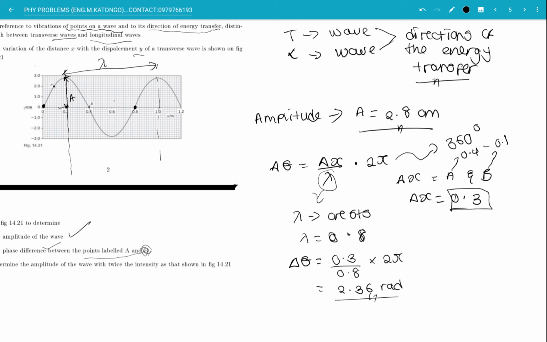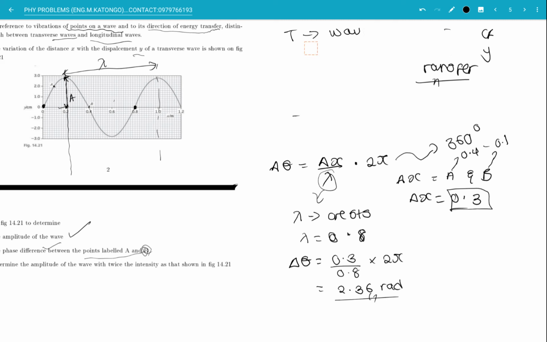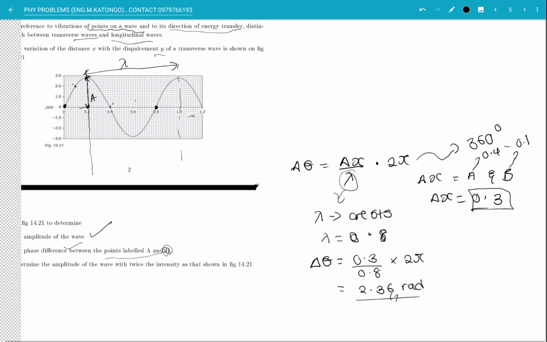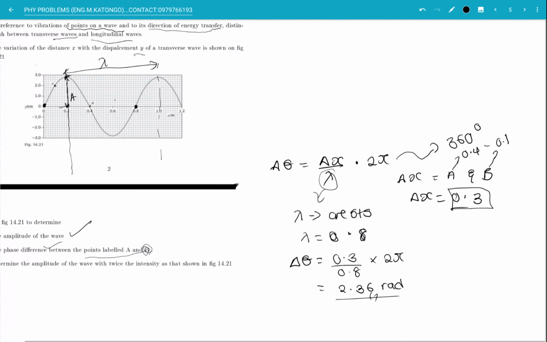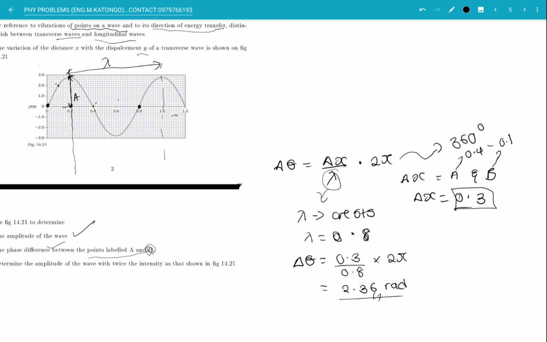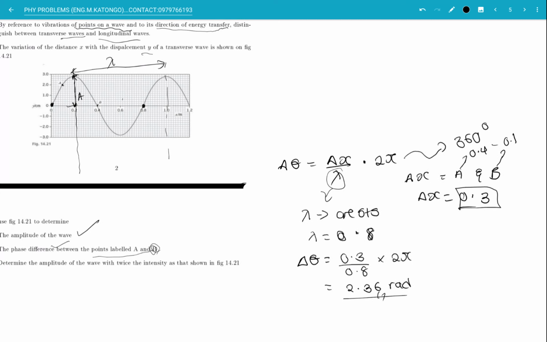Okay, so let's get to the last part of the question. Determine the amplitude of the wave with twice the intensity as that shown below.